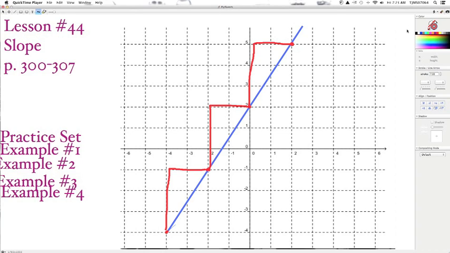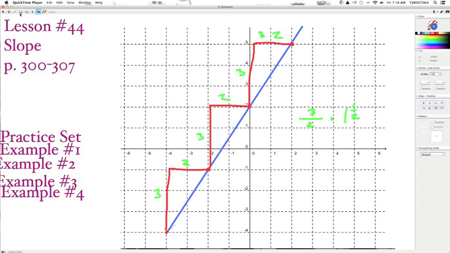So if we looked at how far it rose, it rose 3, it went over 2. So we have rise over run, so the slope of that line is 3/2, or 1.5.